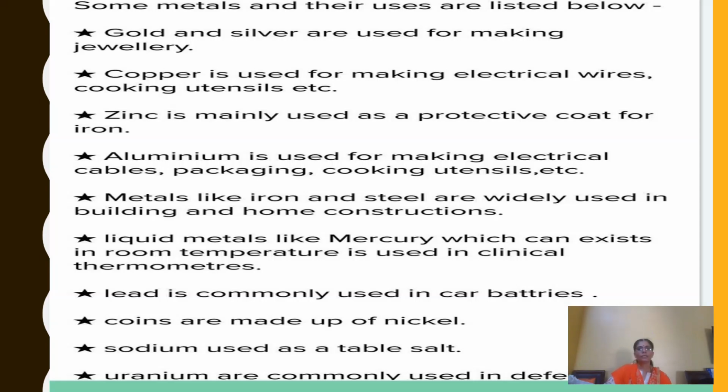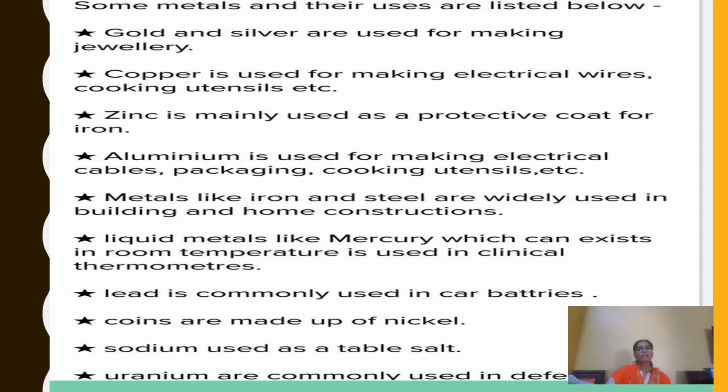Next, coming to copper. Copper is used for making electrical wires, cooking utensils, etc. Due to its ductility, copper can be drawn into wires, and it is also a good conductor of electricity. Because of these two properties, it is used for making electrical wires.